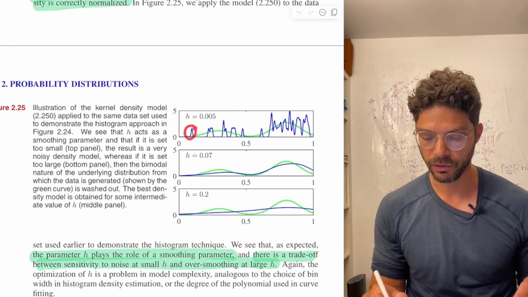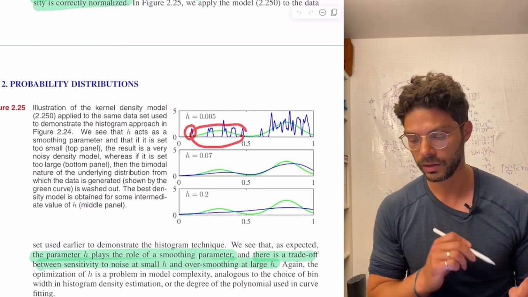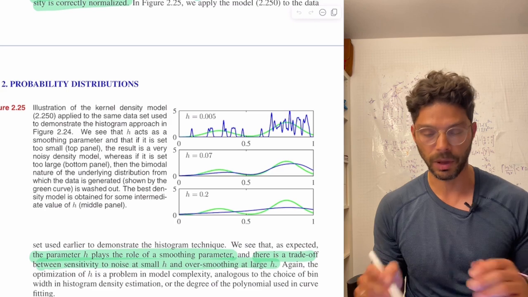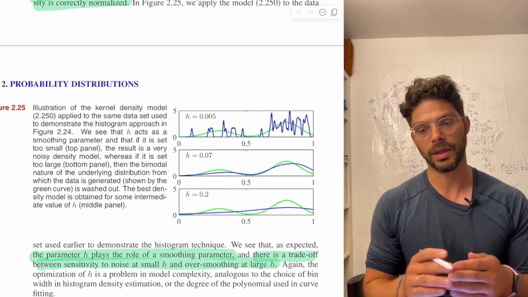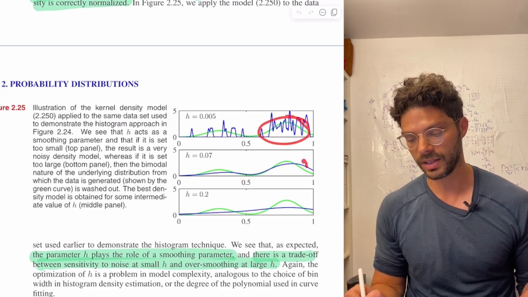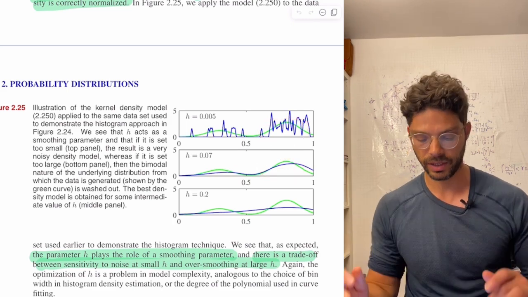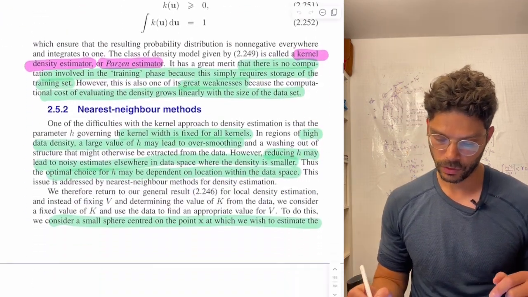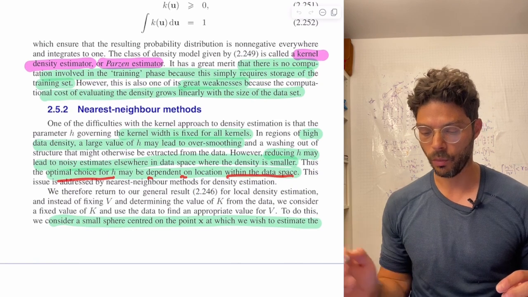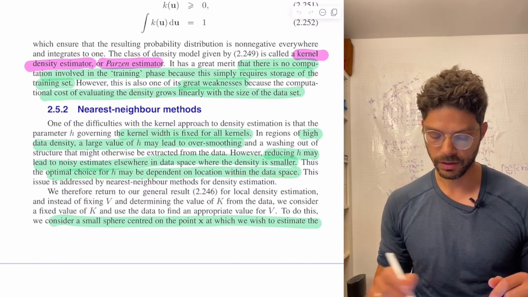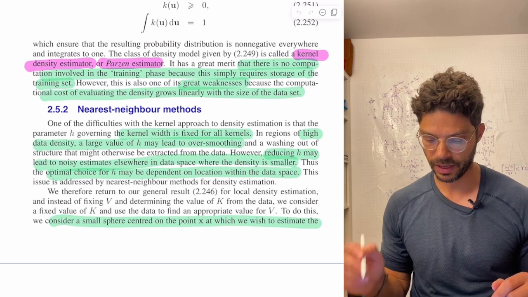So this might be too fine a kernel to use over here. Whereas you might want to use something smoother, like something of this size, but that might then be too broad. It might wash out, as it indeed does when you have lots of data. Thus the optimal choice for h may be dependent on location within the data space. So this issue is addressed by nearest neighbor methods for density estimation.